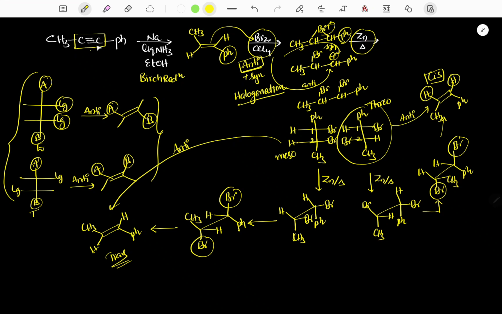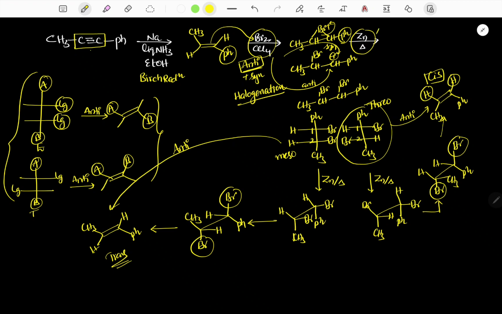So in the given question, the first reaction is Birch reduction. Trans alkene will be the major product, will be the only product. And the next one is alkene treated with Br2/CCl4, halogenation. And the next one is a vicinal dibromo compound treated with zinc, anti-elimination.